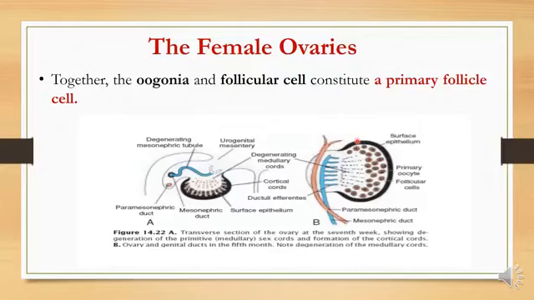Together, the oogonia and the follicle cells constitute the primary follicle cells. Okay, each follicle surrounds the oogonia, and the follicle cells constitute the primary follicle cells.